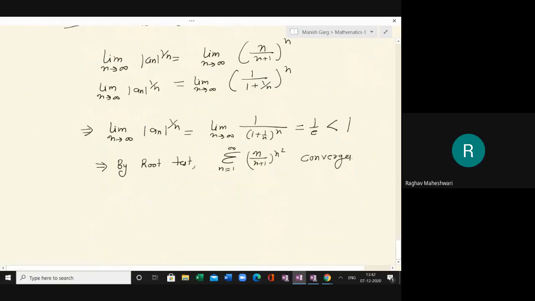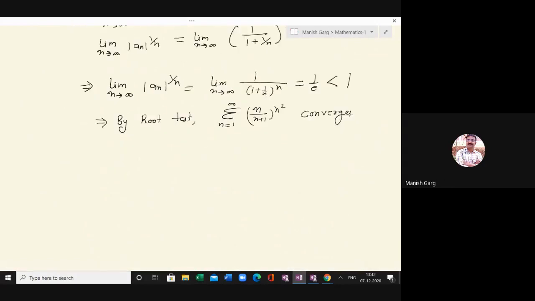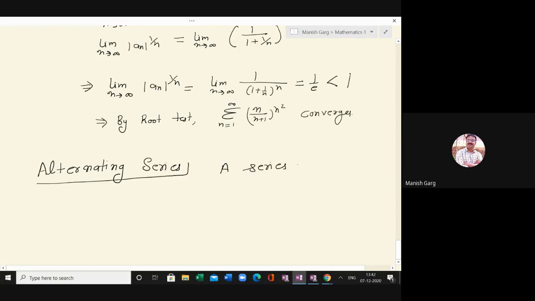Now come to the new thing which I told you, alternating series. What does it say? A series whose terms are alternately positive and negative.